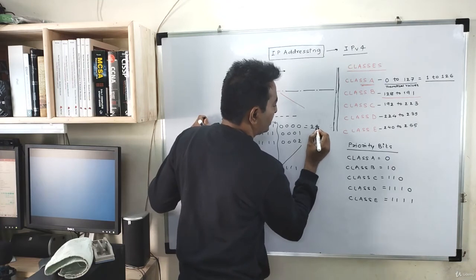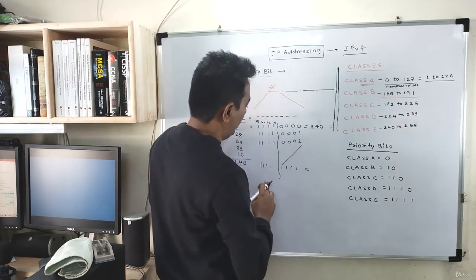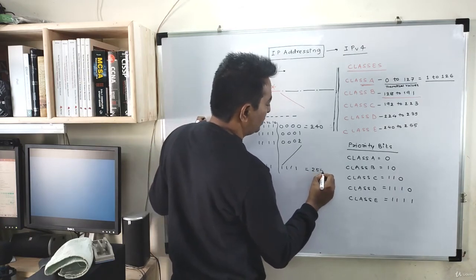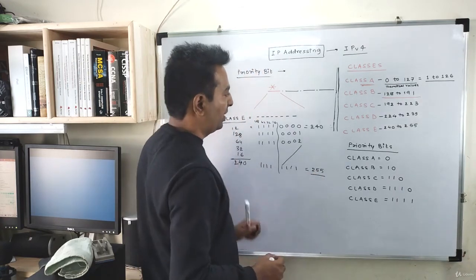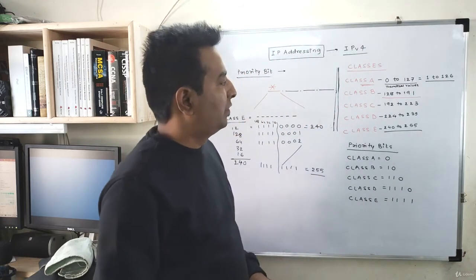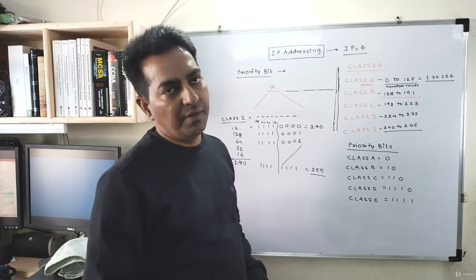So it starts at 240, and if all become 1, you already know the value is 255. So for class E, the range is 240 to 255.